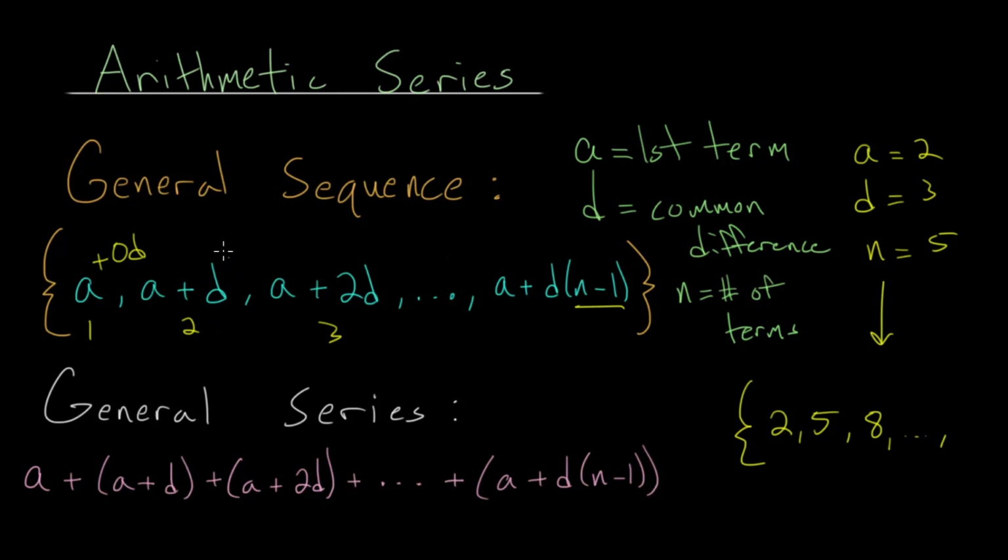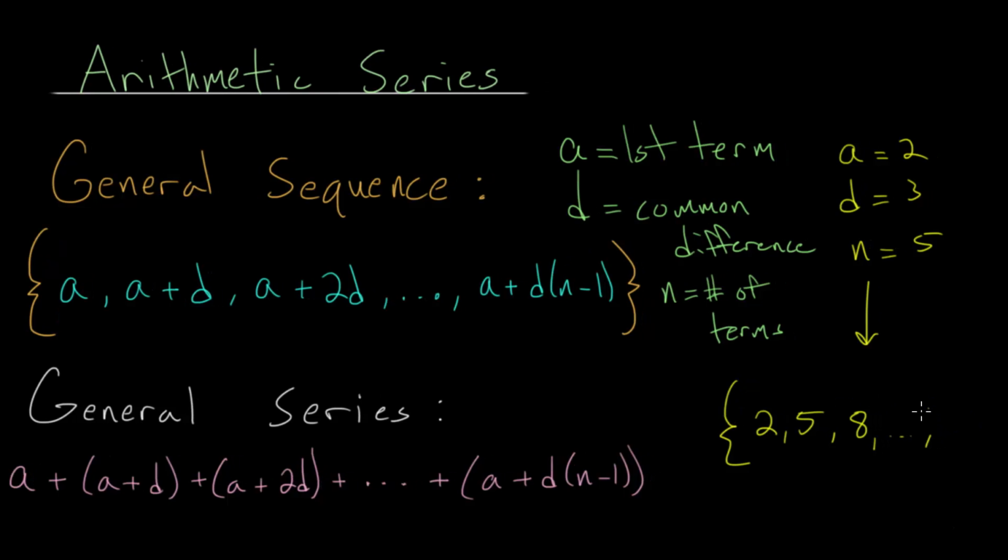So notice that we're adding the common difference always one less time than the total number of terms. So that's why this is n minus 1 rather than n. So the last term in this sequence here, we would have 2 plus 3 times n minus 1.